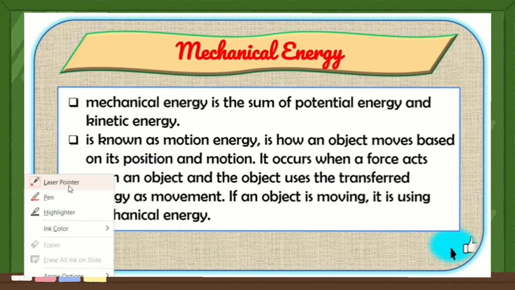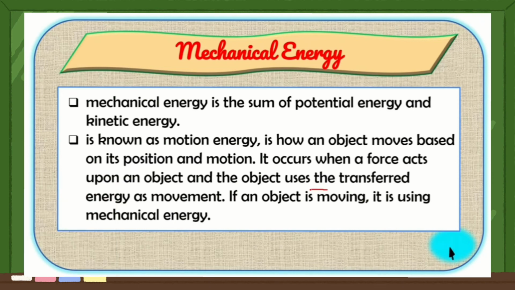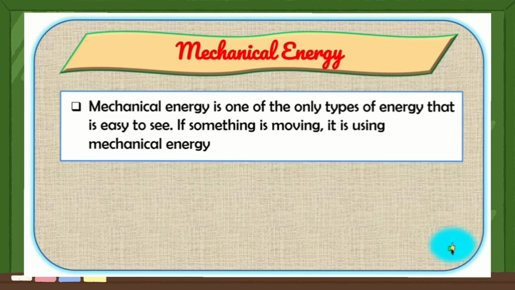If an object is moving, it uses mechanical energy. So, ang mechanical energy po ay pinagsama ng potential at kinetic energy. Okay? So, mechanical energy is one of the only types of energy that is easy to see. If something is moving, it is using mechanical energy.